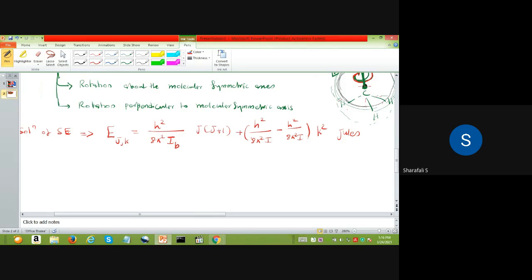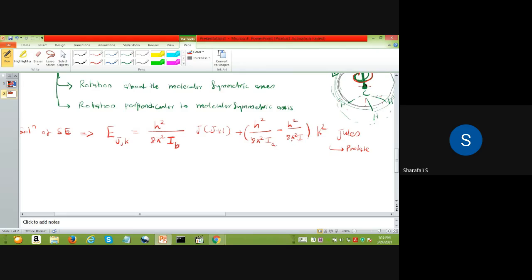I'm considering this is for the prolate case. Similarly, you have to write for oblate also. So in the prolate case, we have IB equal to IC, which is not equal to IA, and IA is smaller than IB and IC. So IB will come as the first one, and then we have IA, which is smaller.